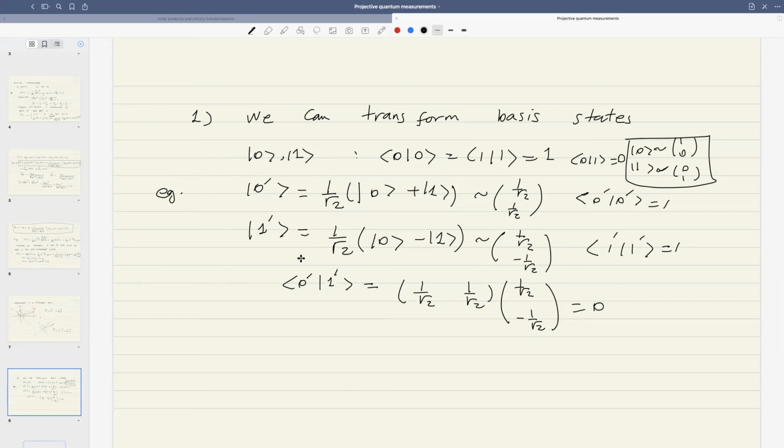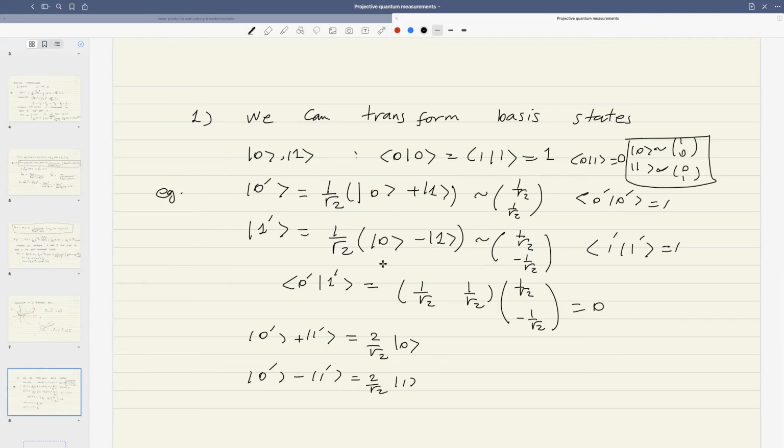Any linear combination of 0 and 1, we can write as a linear combination of 0 prime and 1 prime. One way to see that is we can just solve these equations. So you can, let's say, add these. So I write 0 prime plus 1 prime is going to be 2 over square root 2, 0. And then the ones cancel out. And 0 prime minus 1 prime is going to be 2 over square root 2, 1.